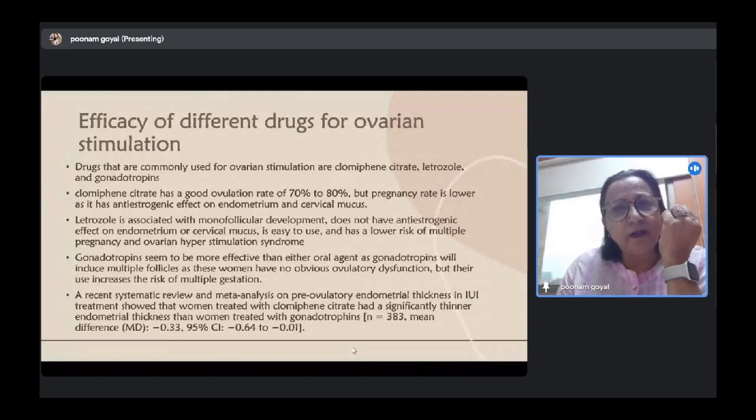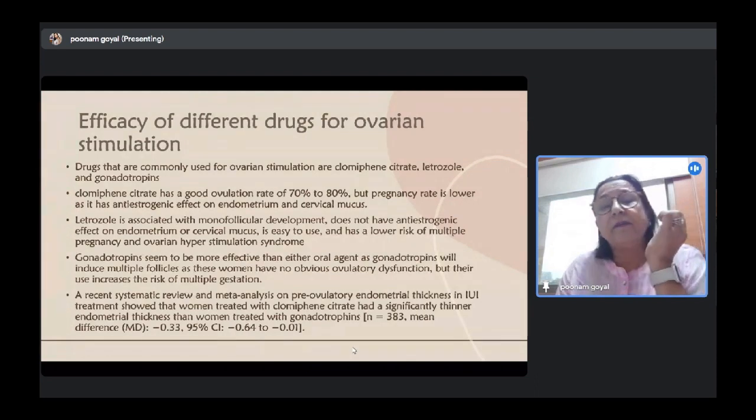So that is why letrozole is most popular, and now it has almost become the first line of treatment, or first drug to be used. Gonadotropin seems to be more effective than either oral agents, as gonadotropins will induce multiple follicles as these women have no ovulatory dysfunction.